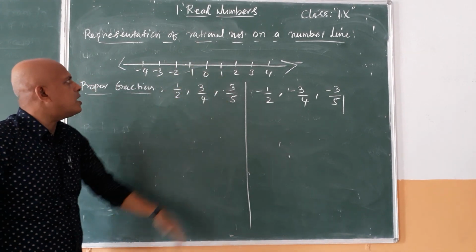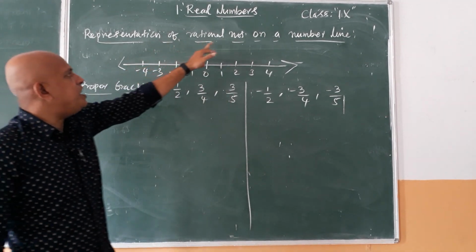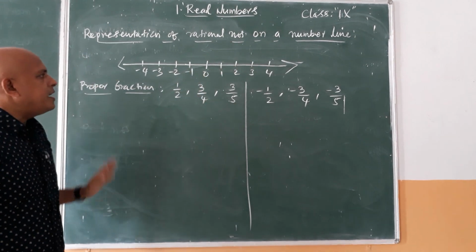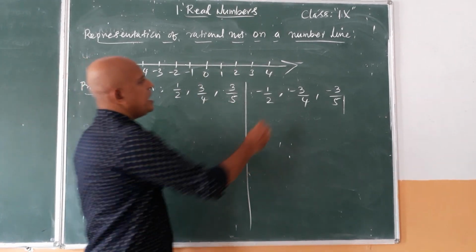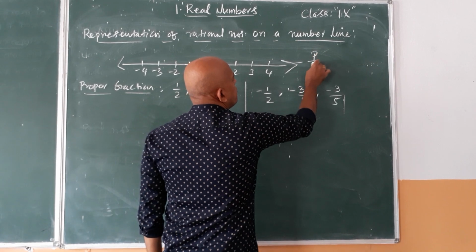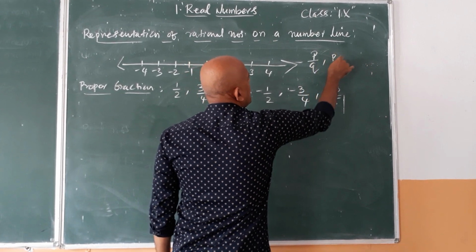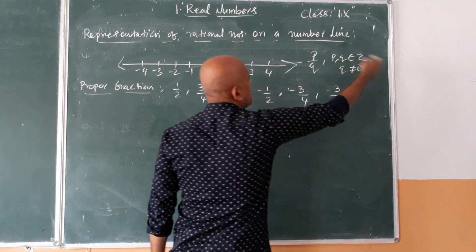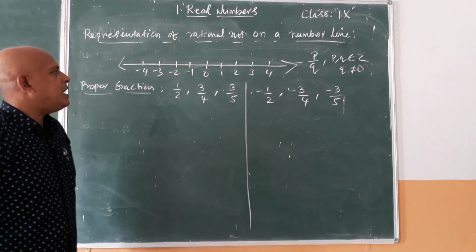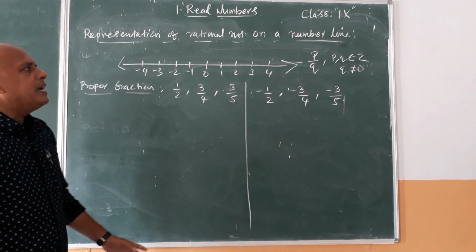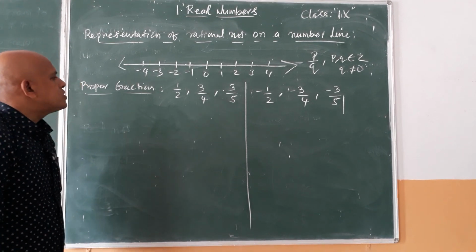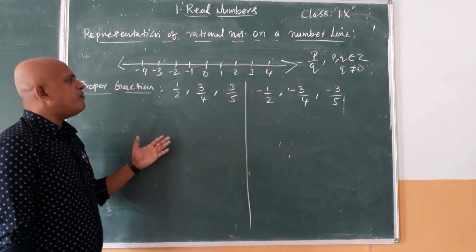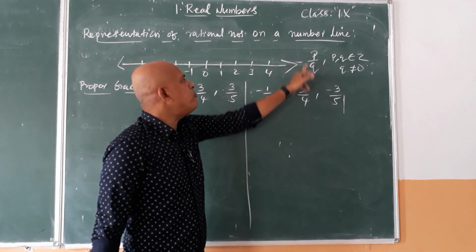Now we are going to learn about the representation of rational numbers on the number line. Rational numbers are the numbers which can be expressed in the form of p by q, where p and q are integers, q is not equal to 0, and p and q are co-prime. In rational numbers there are different types of numbers in the form of p by q.